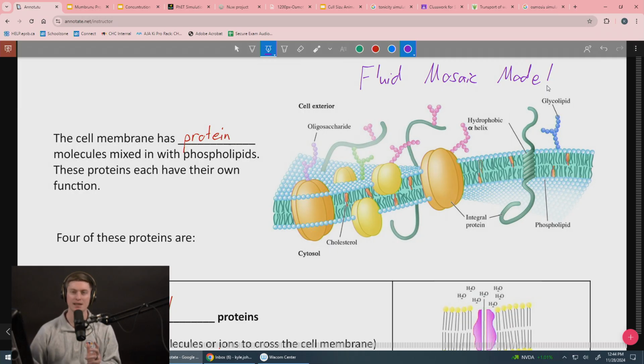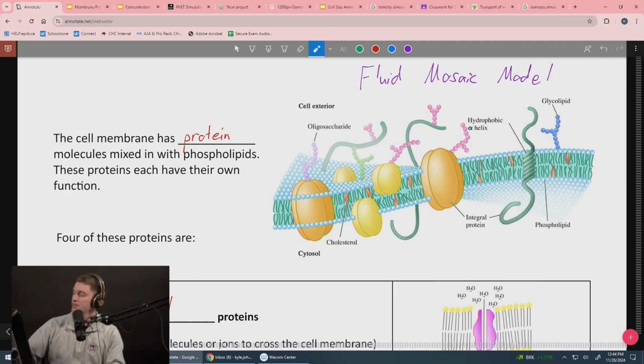Often you see it as like a public mural or an art piece where you have a lot of small little tiles or glass pieces that are put together to form an overall image. A cell membrane is not just one thing. It's not just phospholipids. You have all of these different things attached and embedded in the membrane. And it's fluid because it's flexible. It can move around and things can move across it.